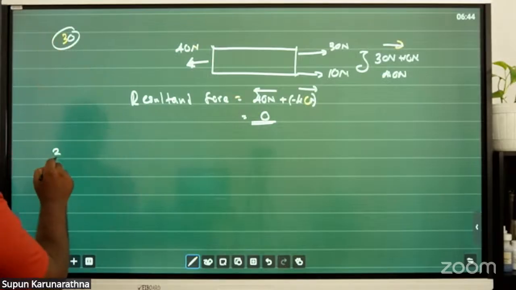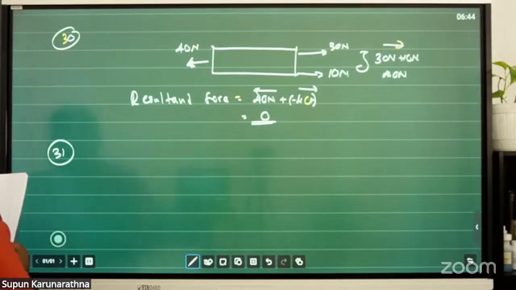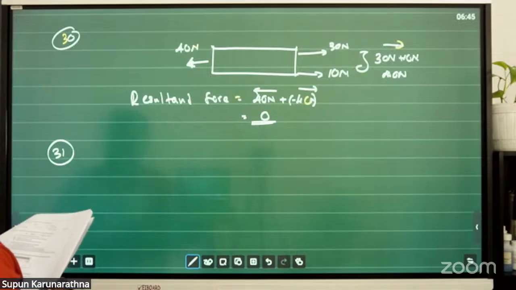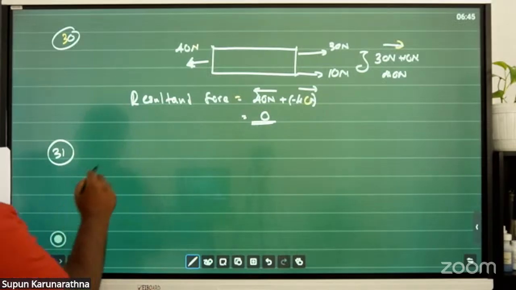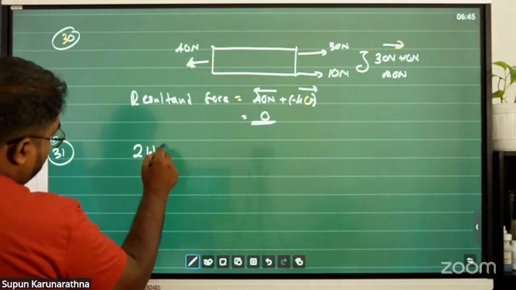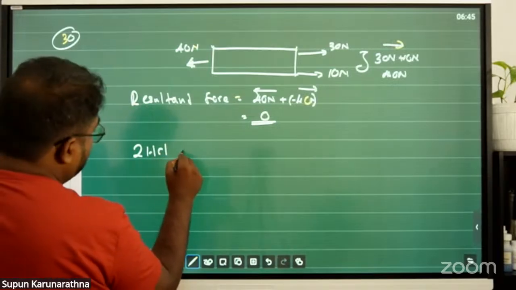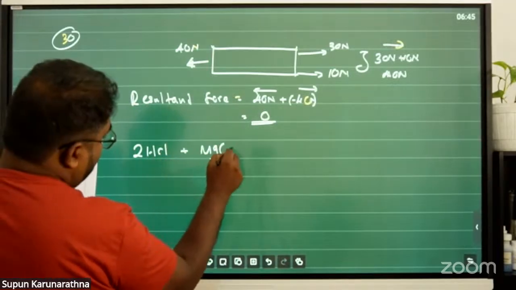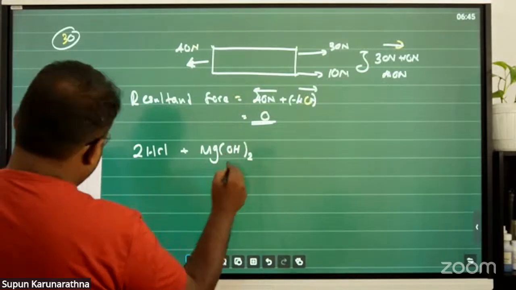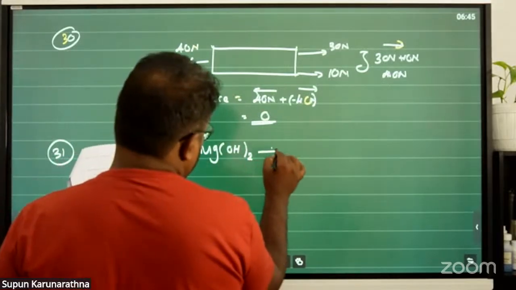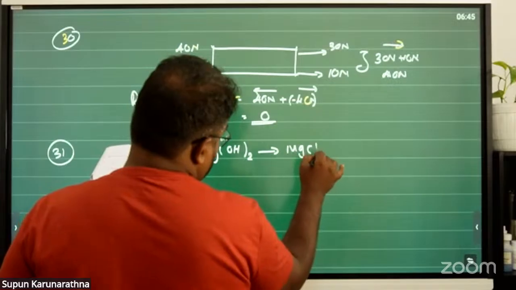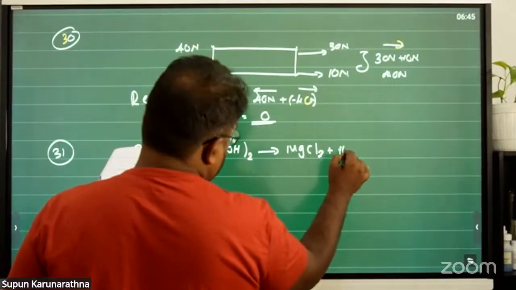Come to 31. Select the incorrect response regarding the following reaction. The chemical reaction is HCl reacting with magnesium hydroxide. It gives MgCl2 plus water.